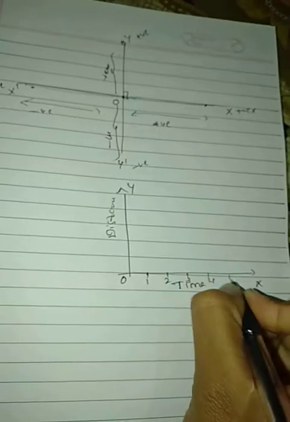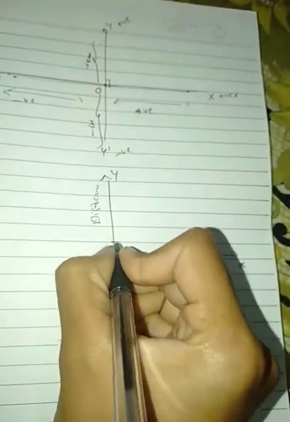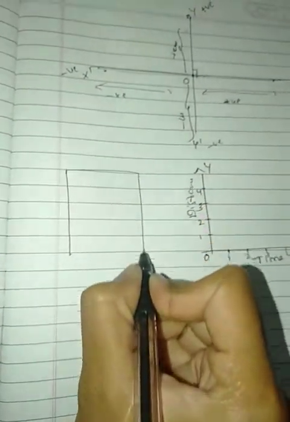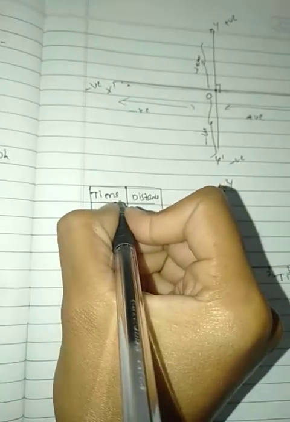Okay. So see here, this is 1 minute, 2 minute, 3 minute, 4 minute, 5 minute. This is 1 meter, 2 meter, 3 meter, 4 meter. See the data. I'll write the first data here. This is time. This is distance. Time is in minutes. Distance is in meters.